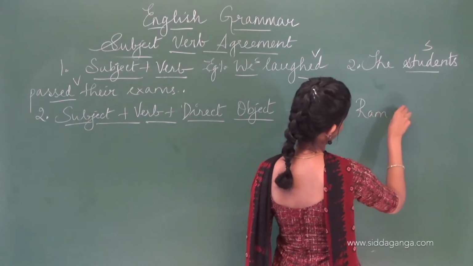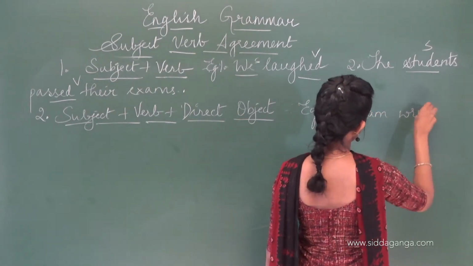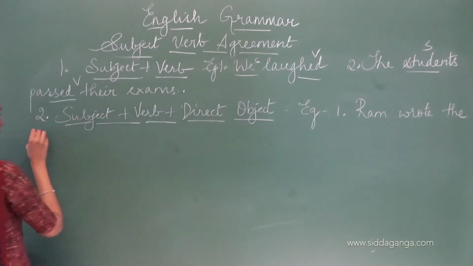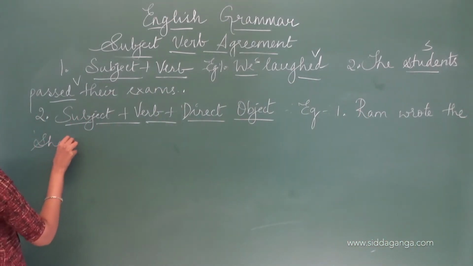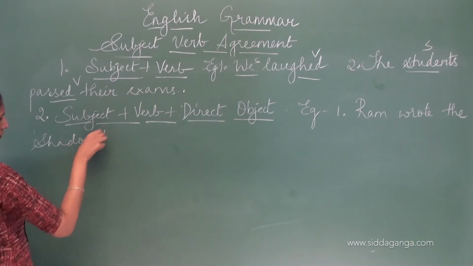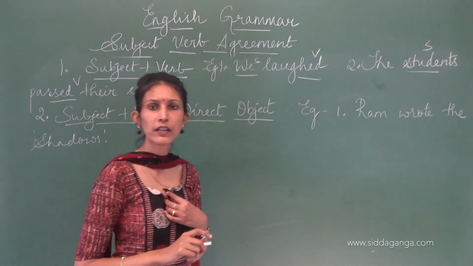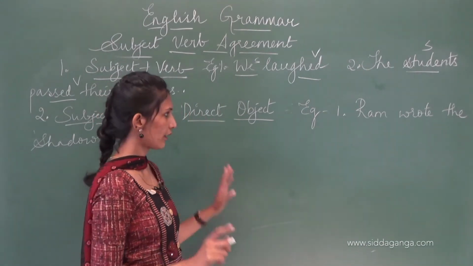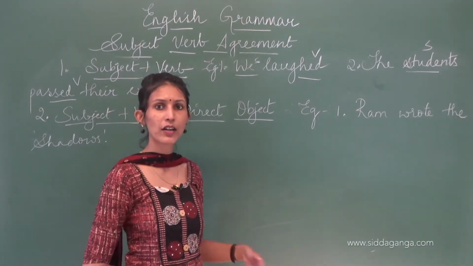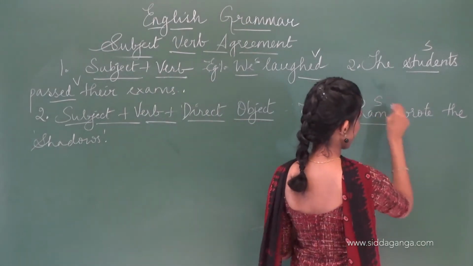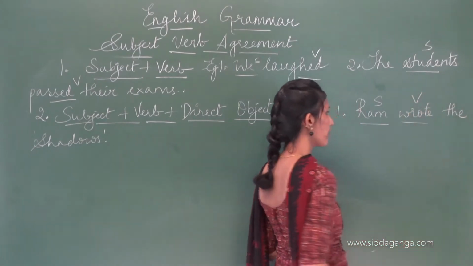Ram wrote the shadows. Shadows is the name of the book, an imaginary name. Now you know Ram is the subject, wrote is the verb.